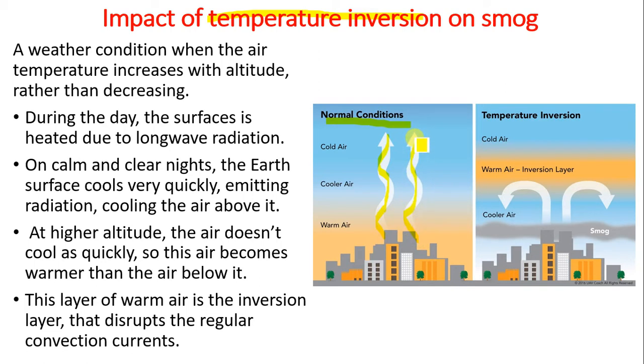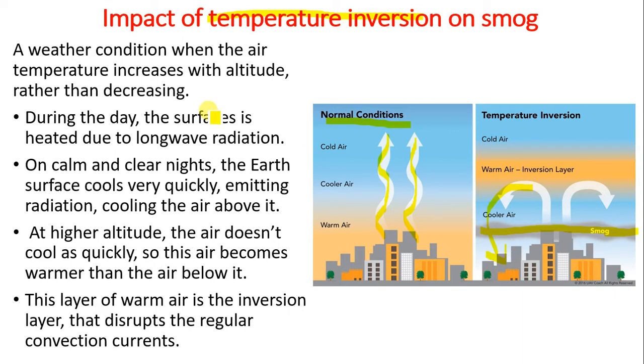But because of smog or tropospheric ozone, instead of it going back, this tropospheric ozone will absorb this infrared long wave radiation and won't allow it to go back out into outer space. It will absorb it and return it back to the Earth, therefore increasing the Earth's temperature.